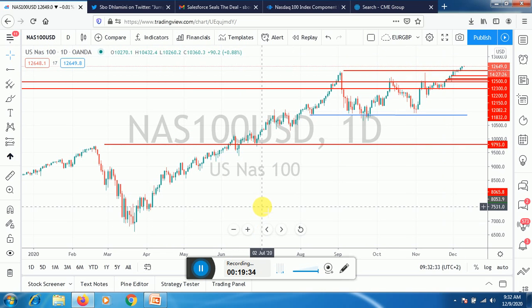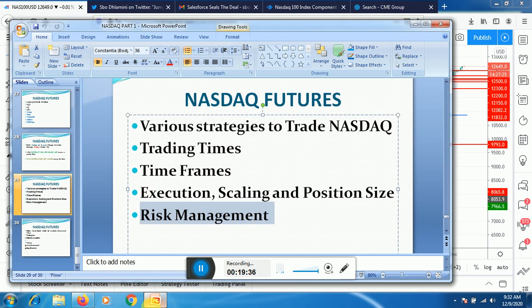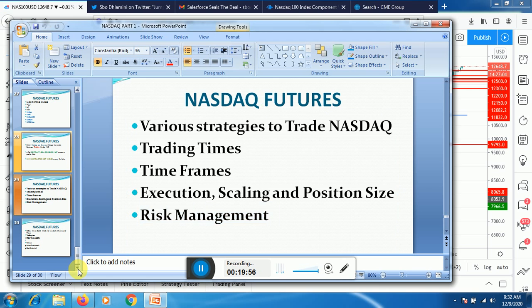So all the other symbols that are there on this presentation, you can also track them on the TradingView platform. And then it's important to know which symbol you have on the brokerage platform, and then you trade that symbol at the particular time that it trades.